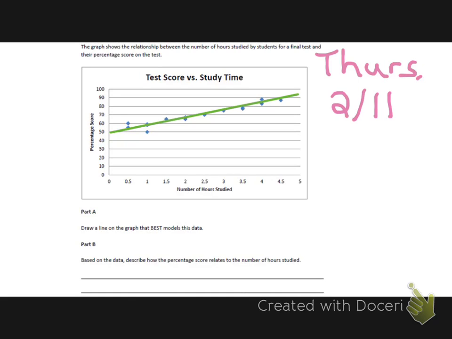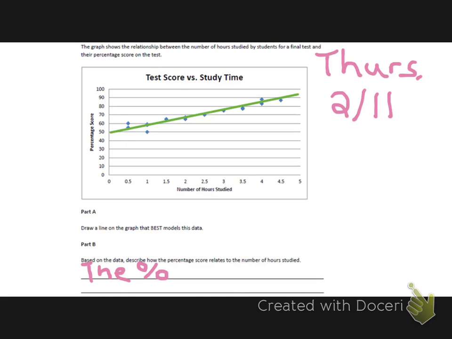Now part B asks, based on the data, to describe how the percentage score relates to the number of hours studied. I'm just going to abbreviate since I can't write this small.